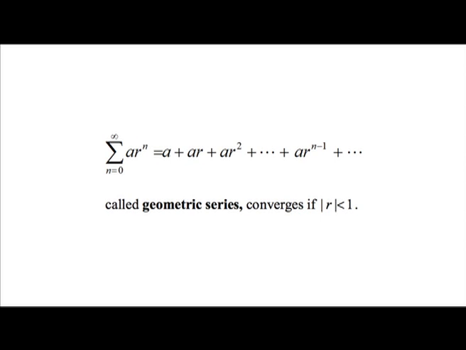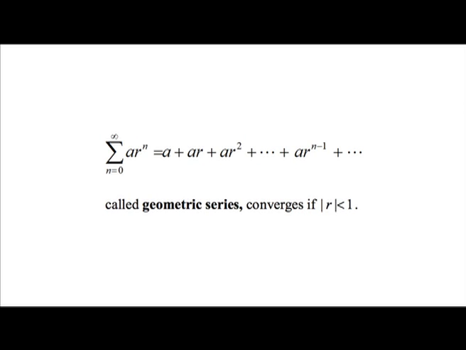The series summation a r power n, where n is from 0 to infinity, equal to a plus ar plus ar square plus etc. plus a r power n minus 1 plus etc., is called a geometric series, and it converges if absolute value of r is less than 1.